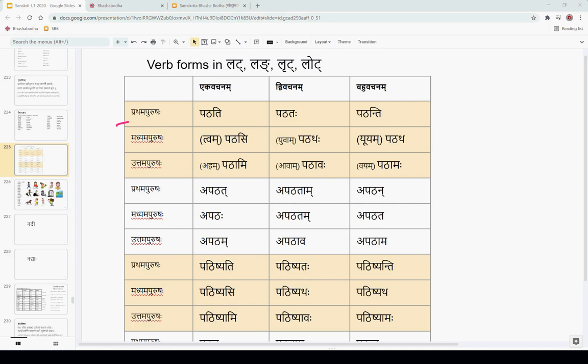Everything other than aham and tvam, or in the Dvivachanam other than avam and yuvam, in Bahuvachanam other than vayam and yuyam. Any other word, if it is a kartrupadam, then that is a possibility here.